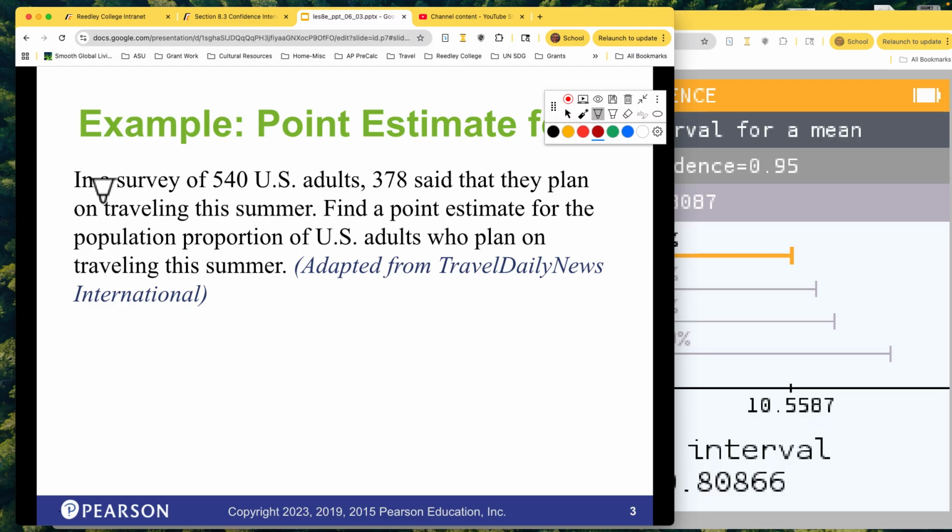So here's an example. In a survey of 540 US adults, 378 said they planned on traveling this summer. Find a point estimate for the population proportion of US adults who plan on traveling this summer. So how would we do that?